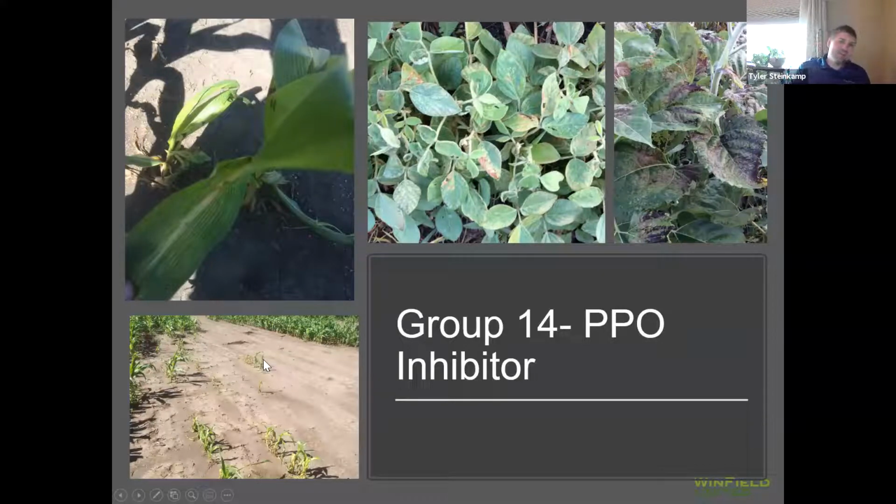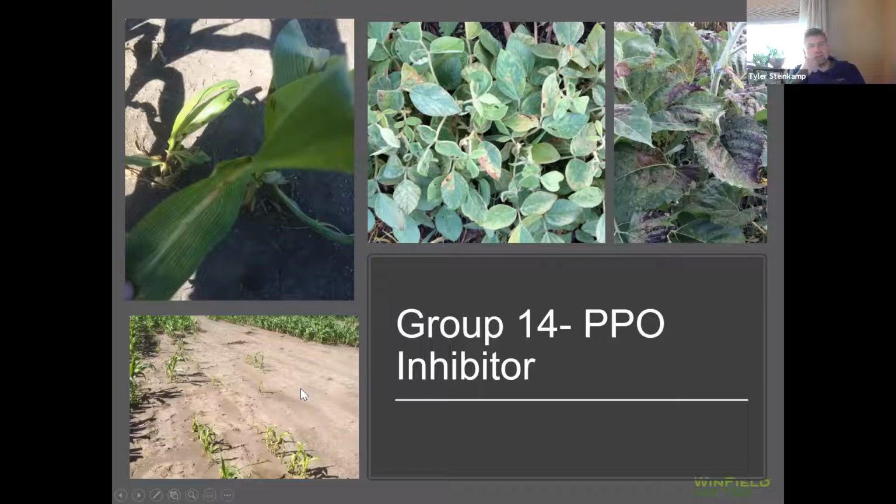What was interesting about this one, we had the hardest time coming up with why we were seeing this pattern out in the field. You walk out in the field, I believe the farmer was actually blaming this on an atrazine plus acetochlor application. He was saying that the co-op had misapplied that herbicide, and now he's seeing some damage.